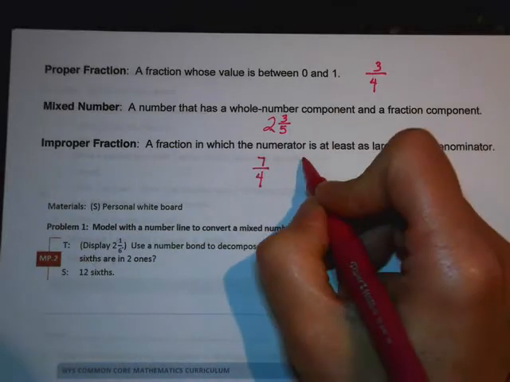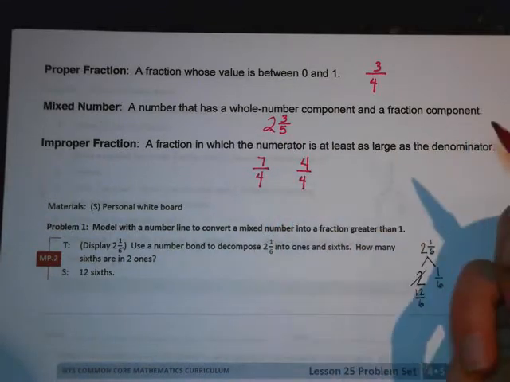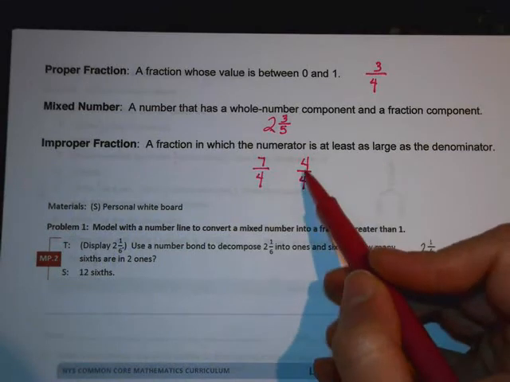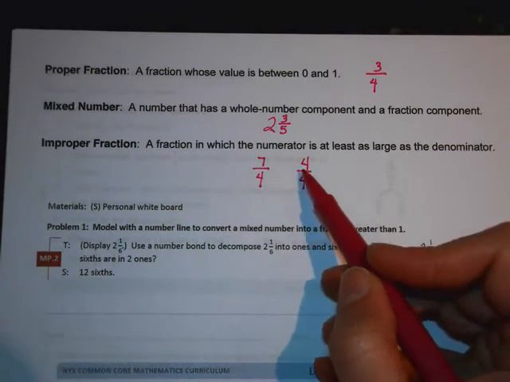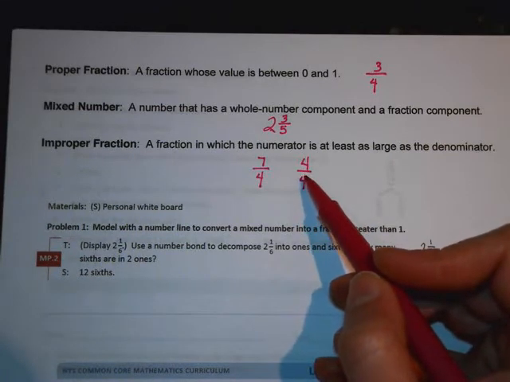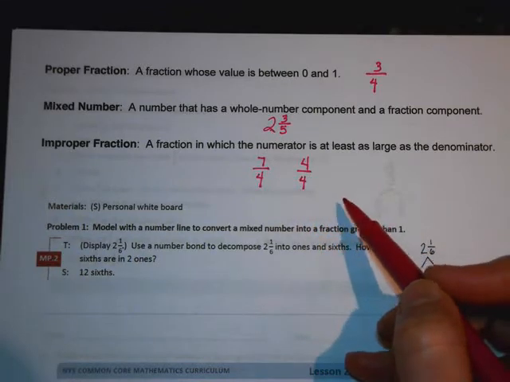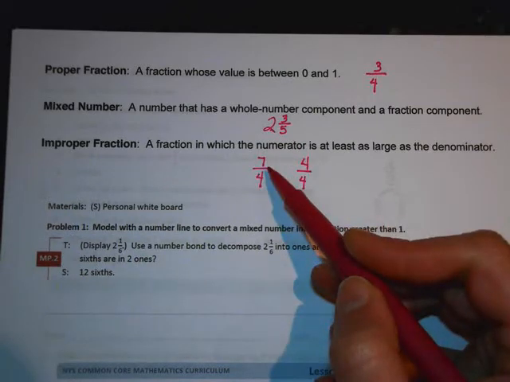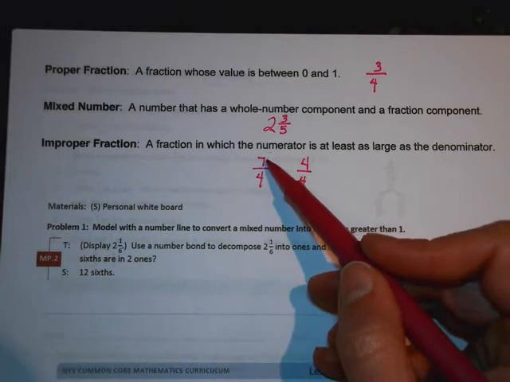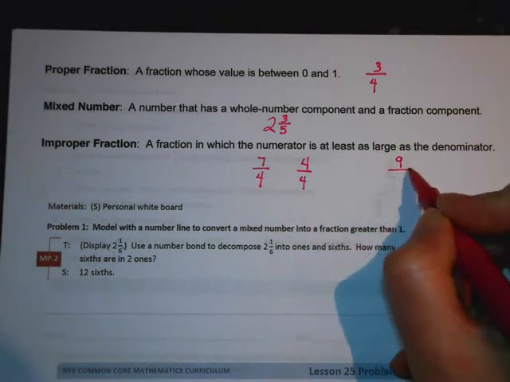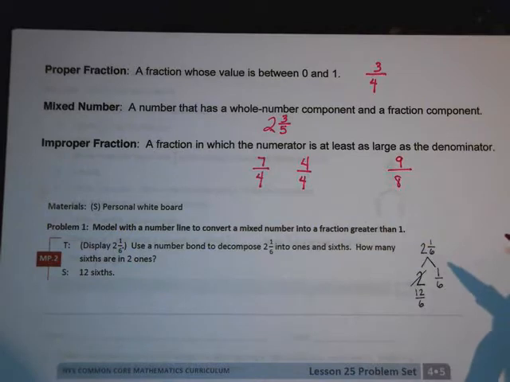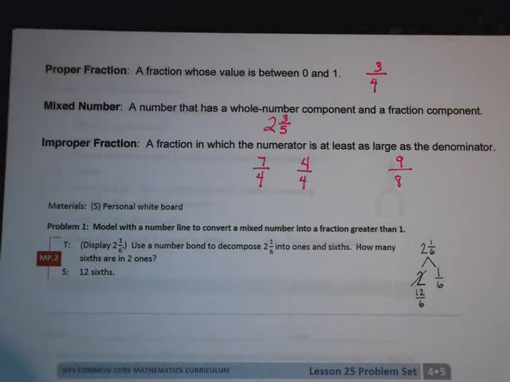Technically this is also improper because they say it's at least as large as the denominator, but technically an improper fraction is a fraction whose value is 1 or larger. For simplicity's sake, I always say the numerator is going to be bigger than the denominator. Okay? All right. So those are 3 terms you have to get down because we're going to be using them throughout the remainder of the course.